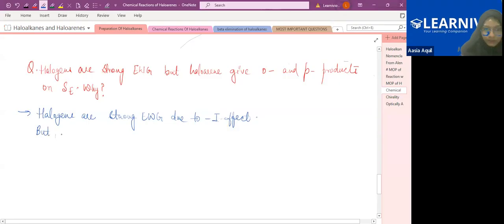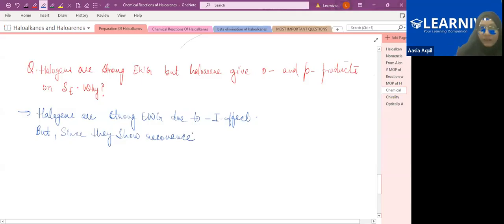But since halogen also shows resonance, and we are talking about the benzene ring, the benzene ring also shows the resonance.